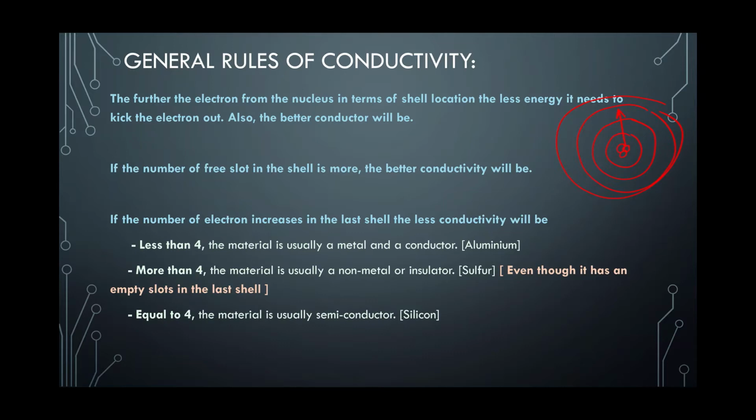So elements which have more shells, where the last shell is further than in other atoms, for example, if I have electrons here in the second shell and electrons here in the fourth shell, the amount of energy needed for this electron is way less than the amount of energy needed to kick the electron out from this shell.